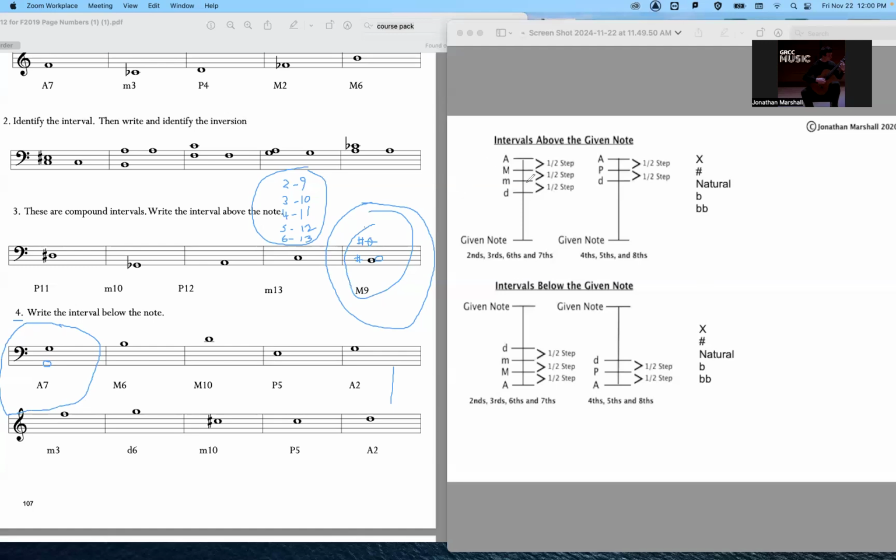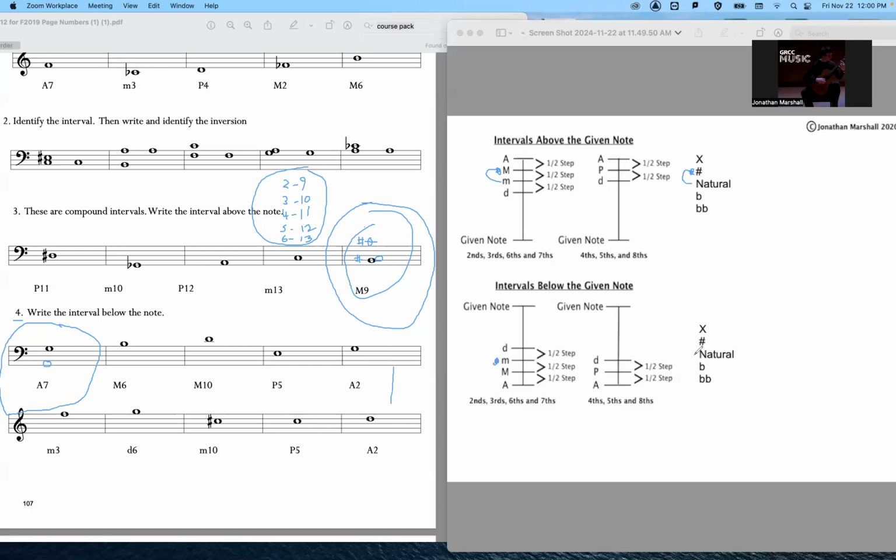So if you look over at this sheet here, a major seventh would have been if it were sharp, right? But it's not. It's a natural note above, in this case, making it minor. So now you know you have a minor seventh, and we need to make it augmented. So we got a minor seventh. I'm using this little sheet here.